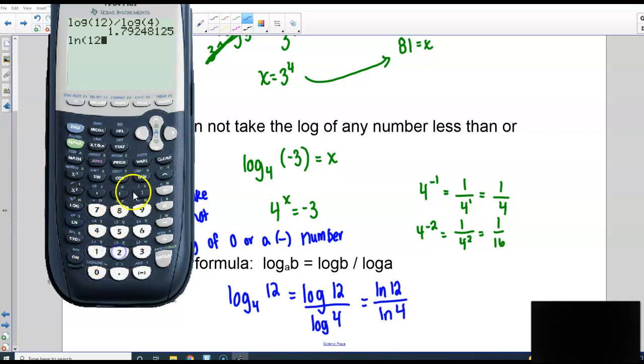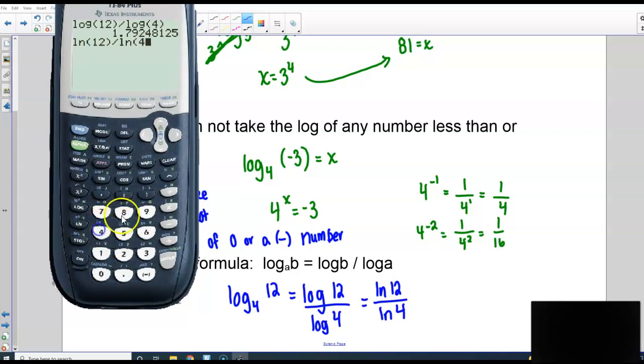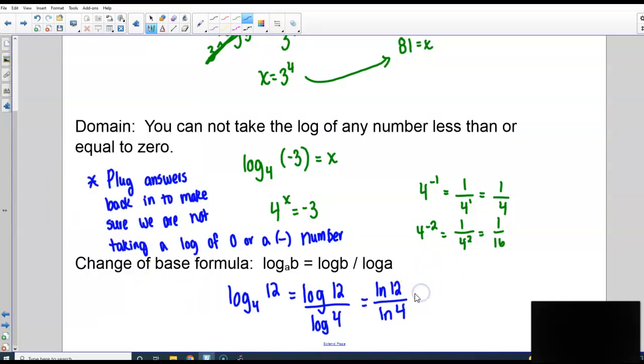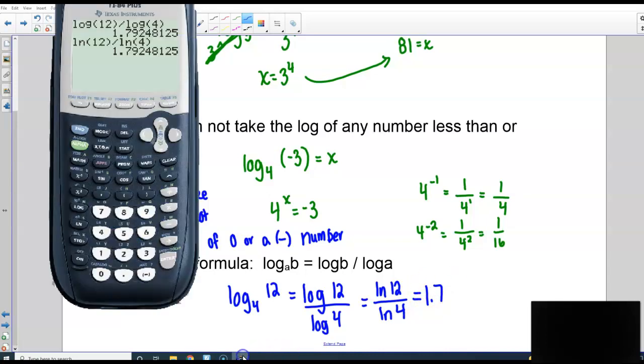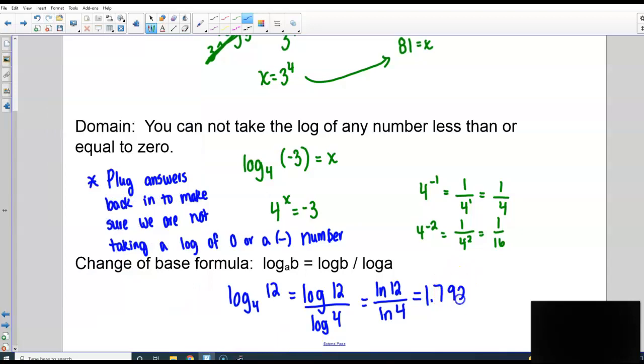Just to prove that it does actually work, if I do natural log instead, it doesn't make a difference. I get that same number, right? 1.792. Just a quick side note.